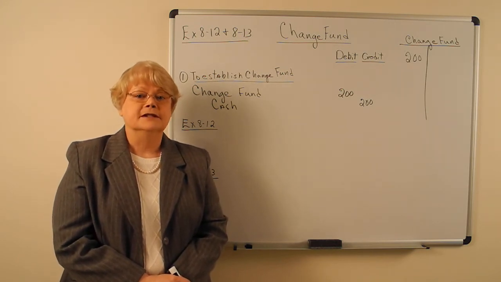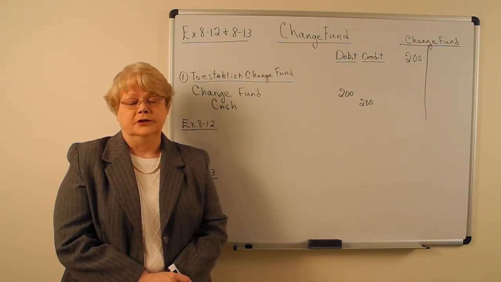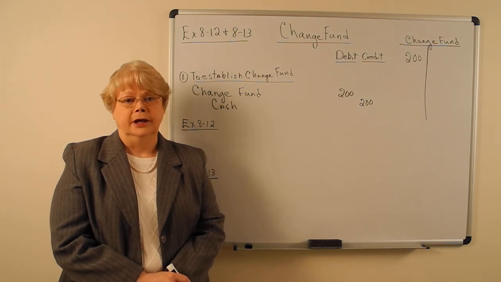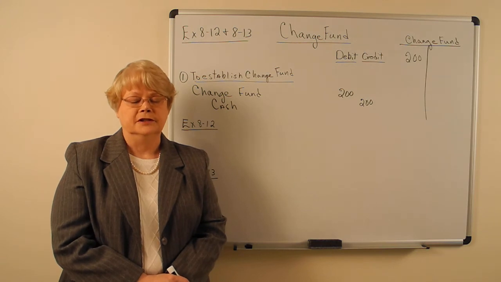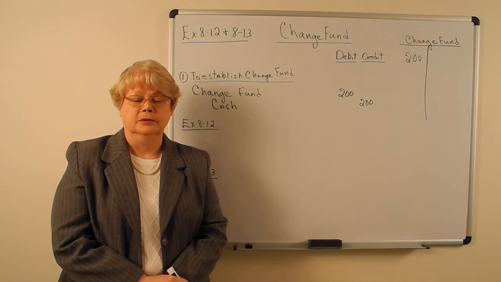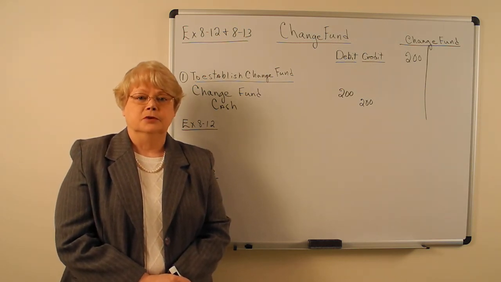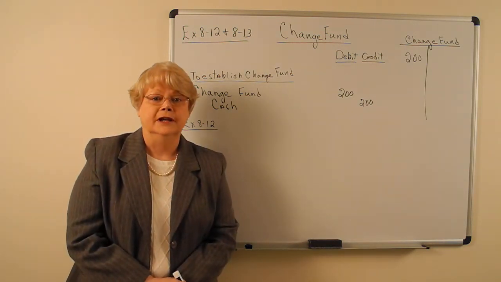However, sometimes the problem will just say the cash received for the day is a certain amount, and if that's the case, then you use that amount to compare to your cash register total and make your entry. Okay, just wanted to point that out because you have to be very careful sometimes in reading the problems when you're working problems. Okay. To illustrate how this works, I am going to work two exercises, exercise 8.12 and 8.13.